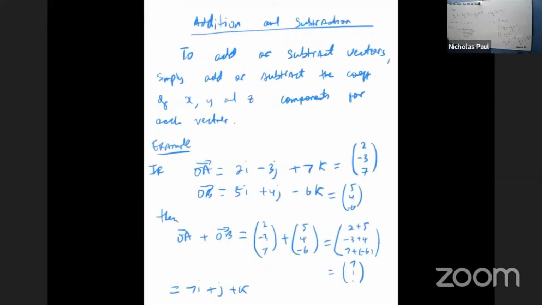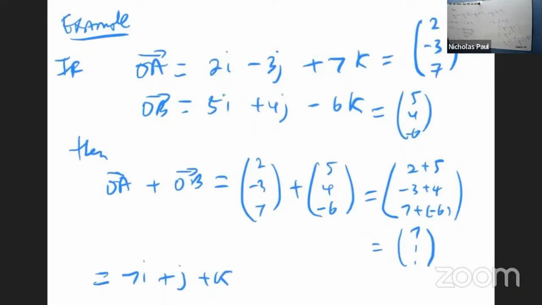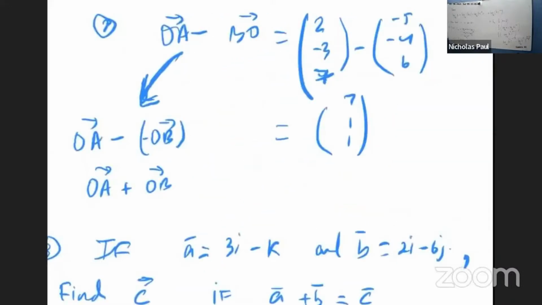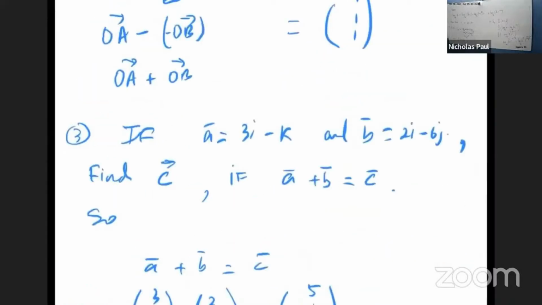How do you add vectors? Add the x, add the y, add the z. Remember, addition and subtraction of vectors will give you back a vector. Don't forget that. Subtraction, same thing. Subtract the x, y, and the z. Here we have a quick example. Let's try it now.